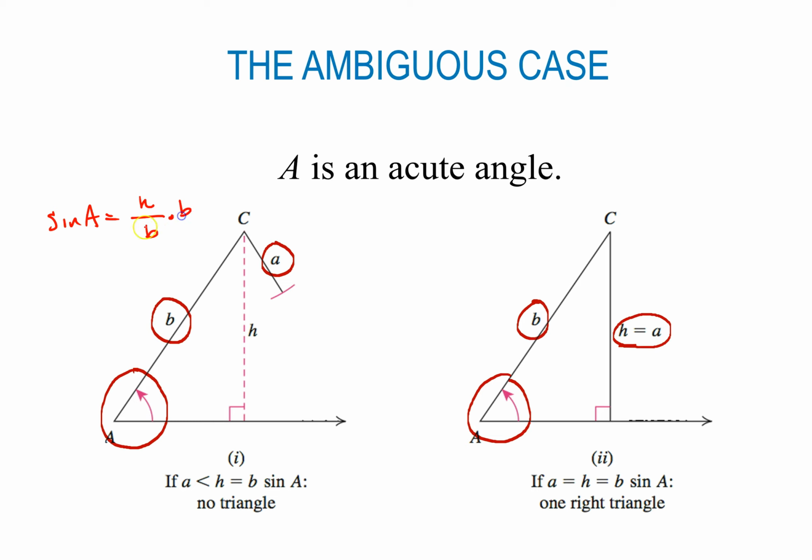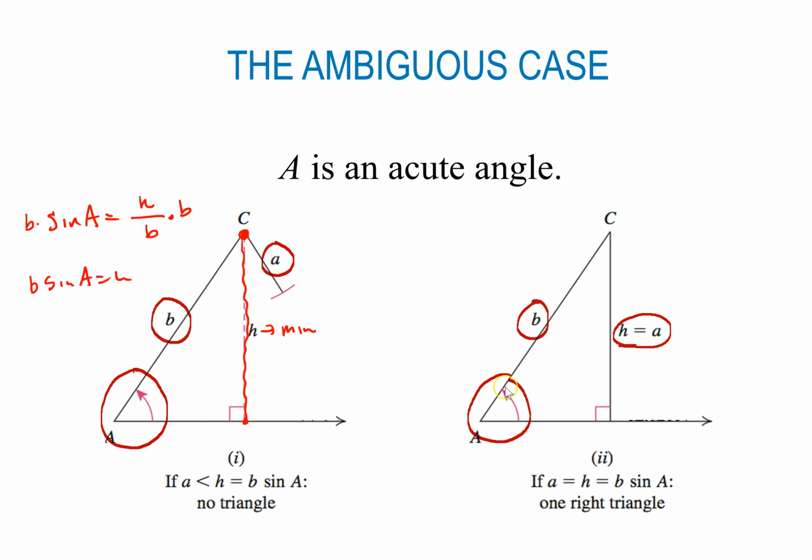And if you multiply both sides by B, you notice that B sine of A gives you H. H is the minimum that is required, if you're starting up here, to eventually get back to this line here.